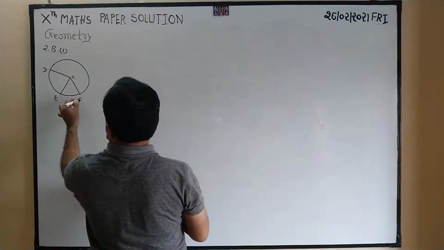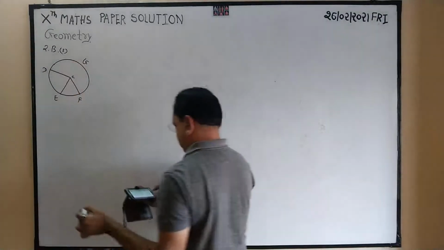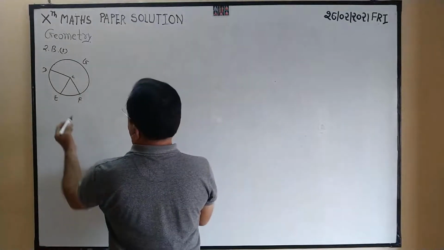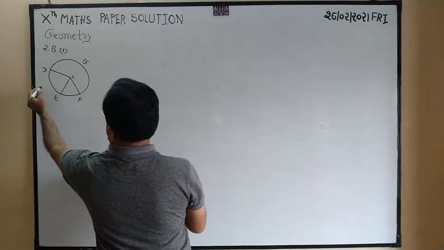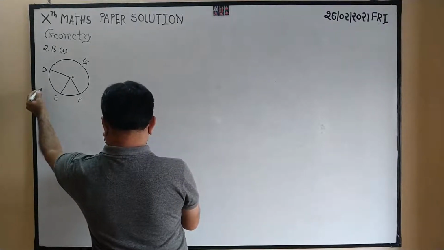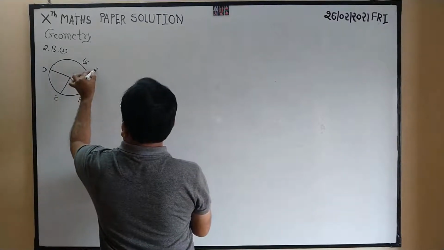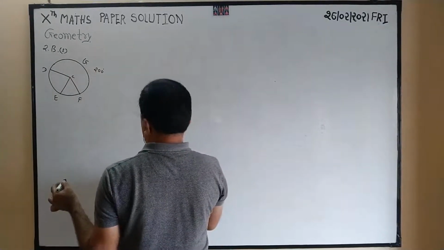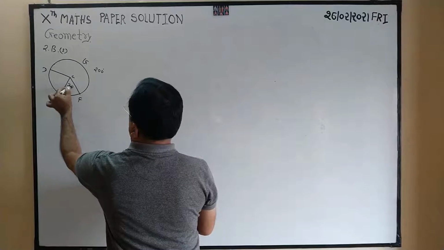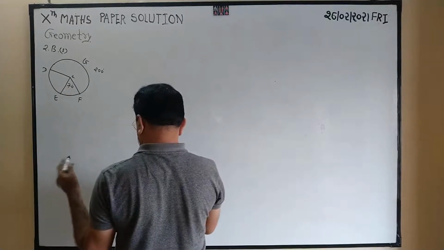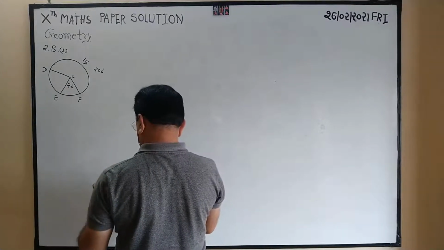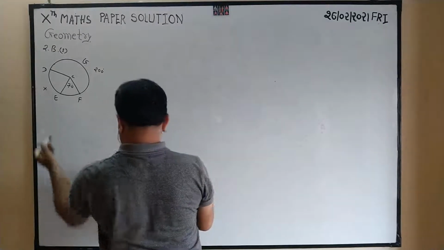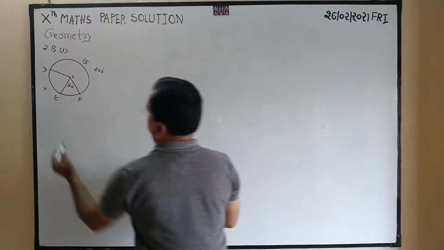D, E, F, G. What is given? Arc DEF, sorry, DGF, that is 200. This is given 70. To find arc DEF.